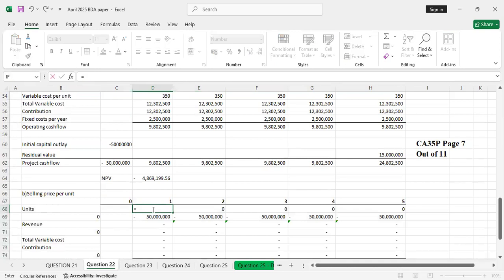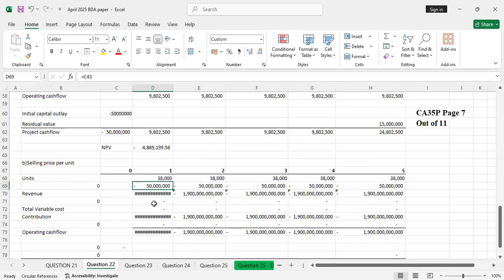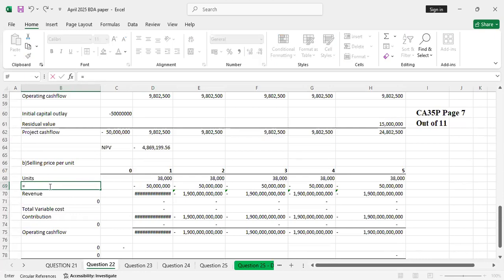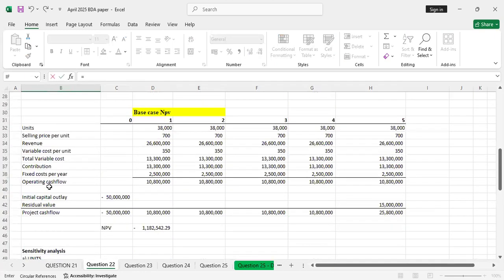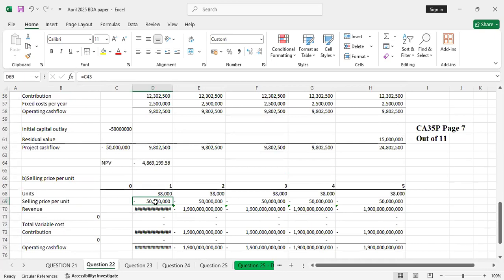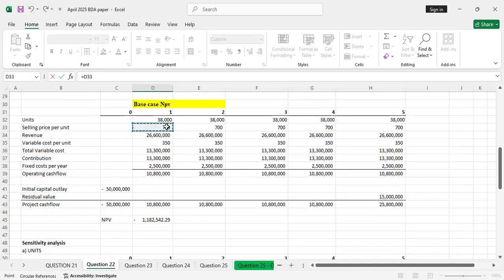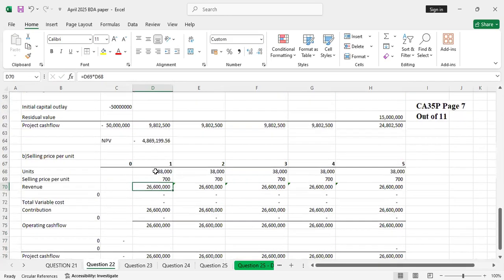I'll just copy from the original data. There were 38,000 units. Then what follows here was the selling price. Our selling price was the original one. You copy this information. It was 700.